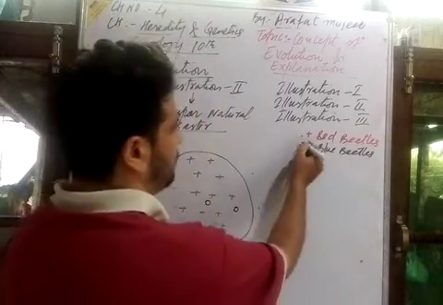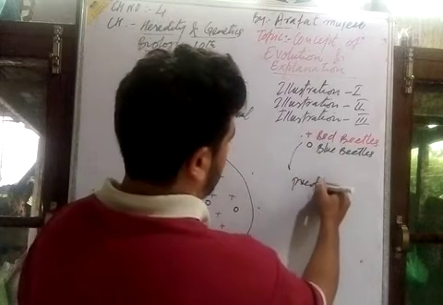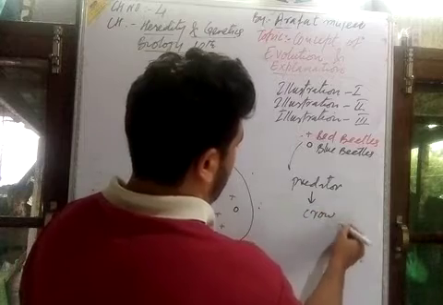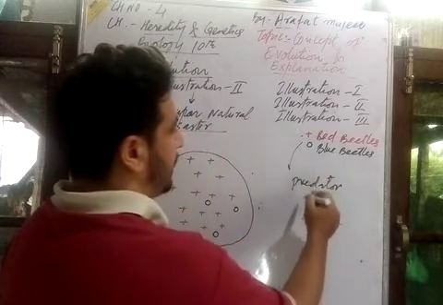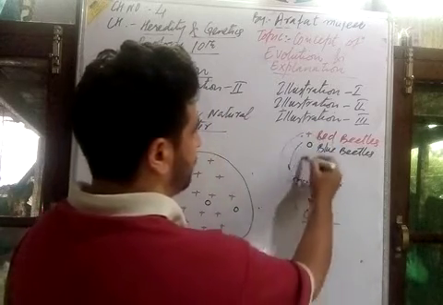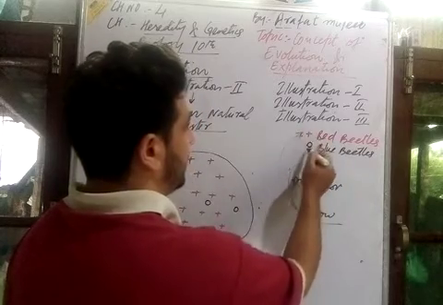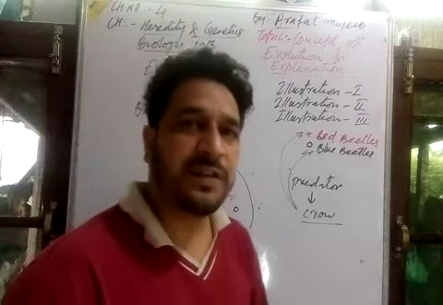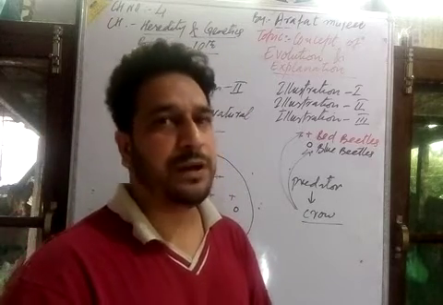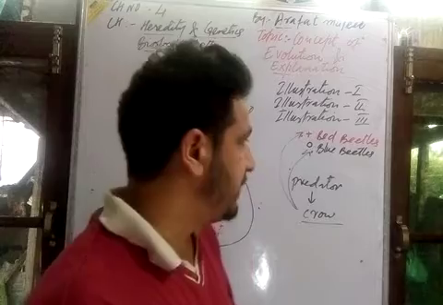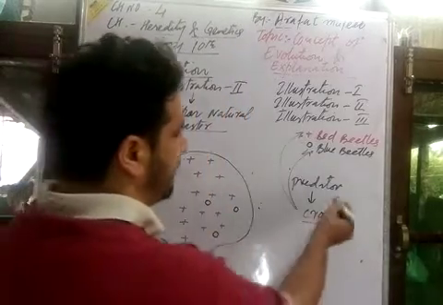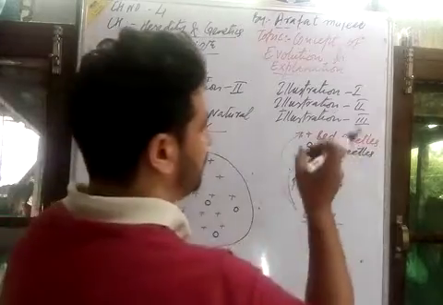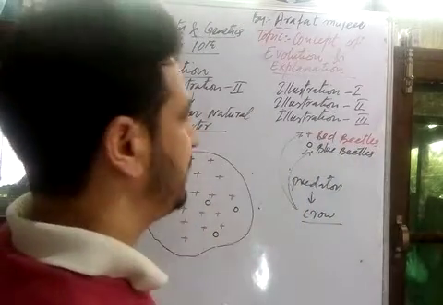Although the predator, the crow, feeds on both red beetles and blue beetles. Both red beetle and blue beetle are visible to it. Here the predator as a crow feeds on both, although the blue beetles are lesser in number than the red beetles.